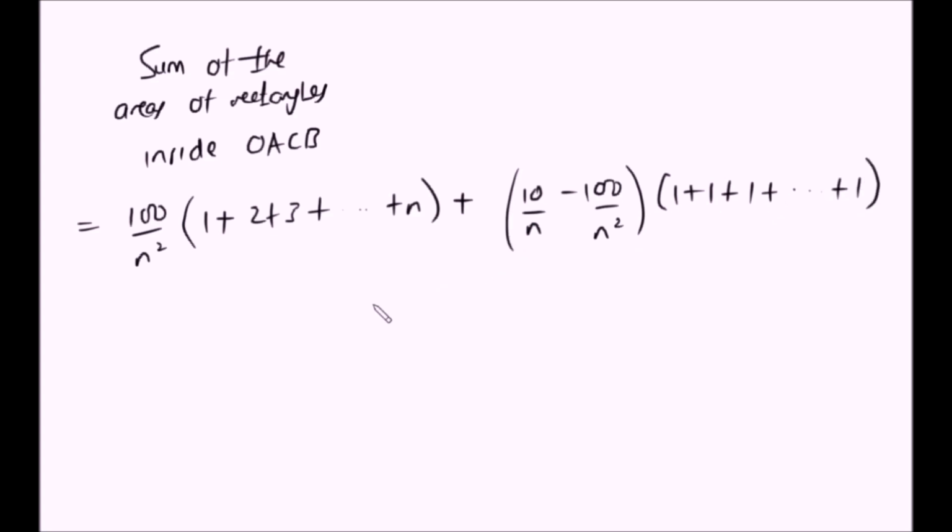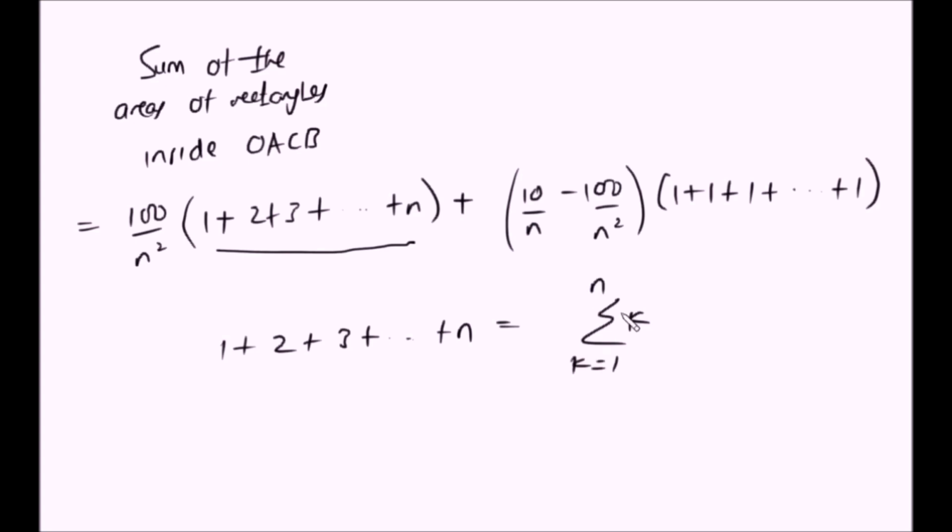Now, so this is the sum of the areas of rectangles inside OACB. I'm just simplifying it, okay? Umeona hii 1 plus 2 mpaka n, hii unaweza kuiandika hivi. Okay, hii ni sigma notation hii. Nasoma kwenye algebra. Kwa hiyo hii ni sawa sana na hii.